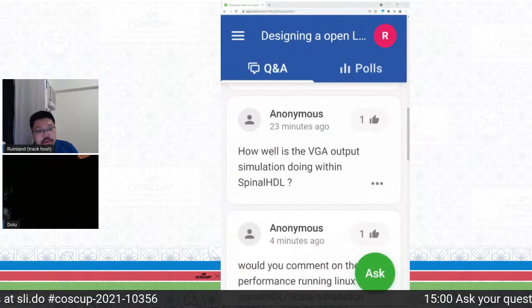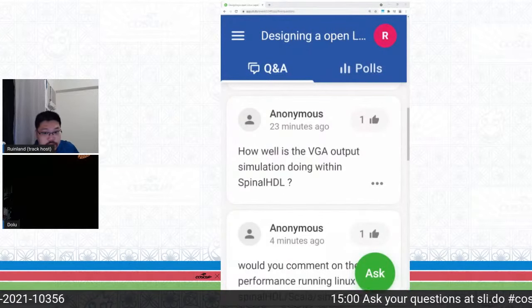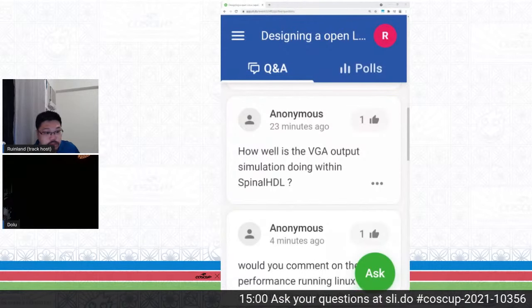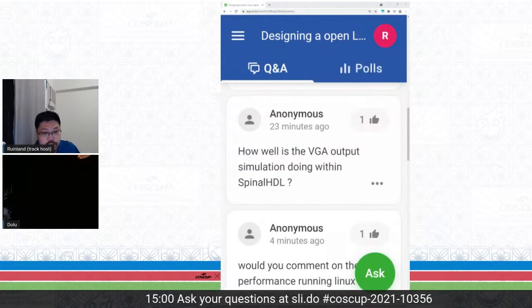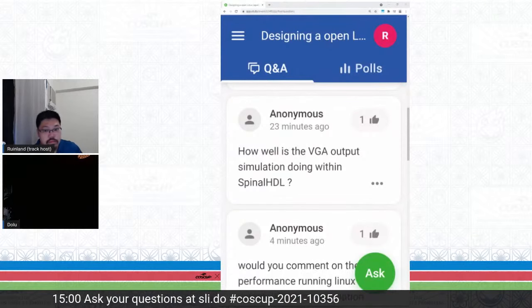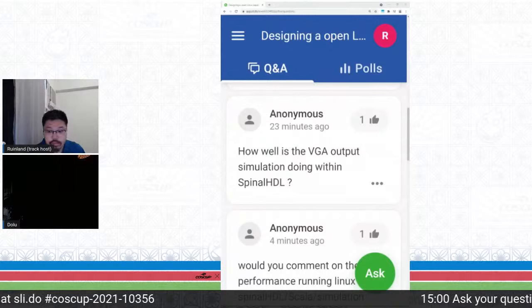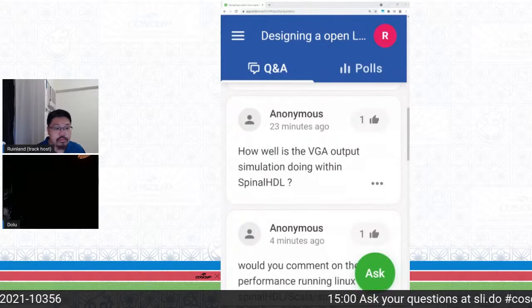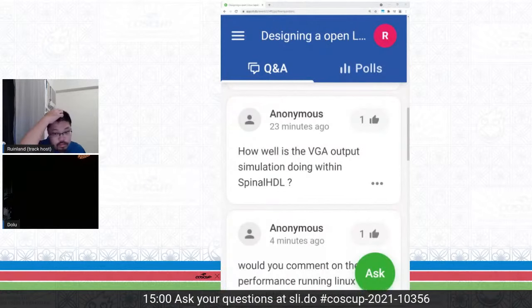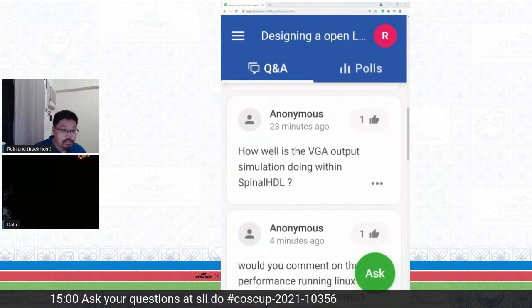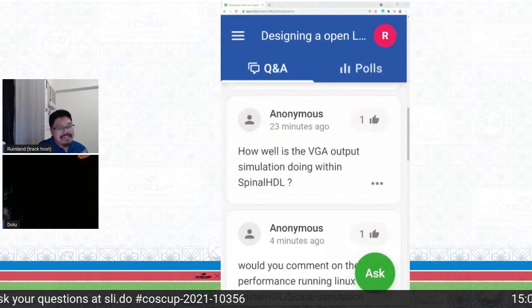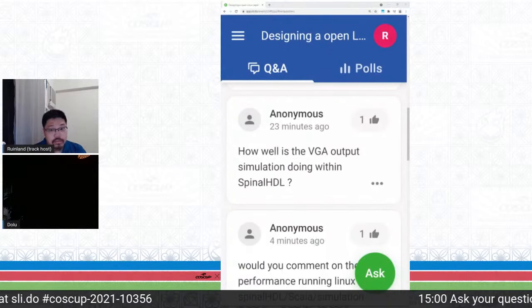So it is okay. This is right. Yeah, there is, in SpinalSim, so in the simulation API in SpinalHDL, there is a little agent that you can use to capture the VGA frame and open a GUI to display the frame when you run the simulation. It's not great as an implementation. It was really fast coding just to get something working.